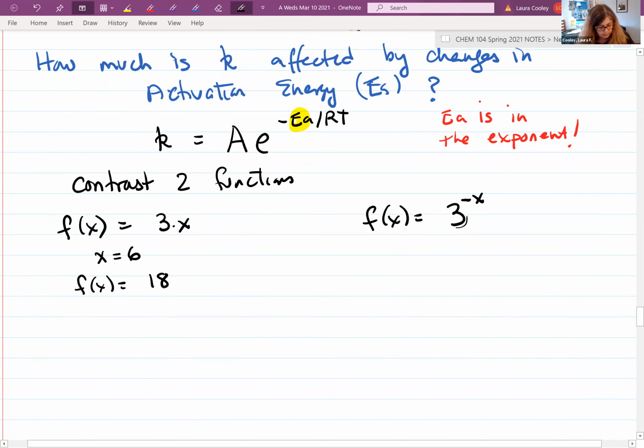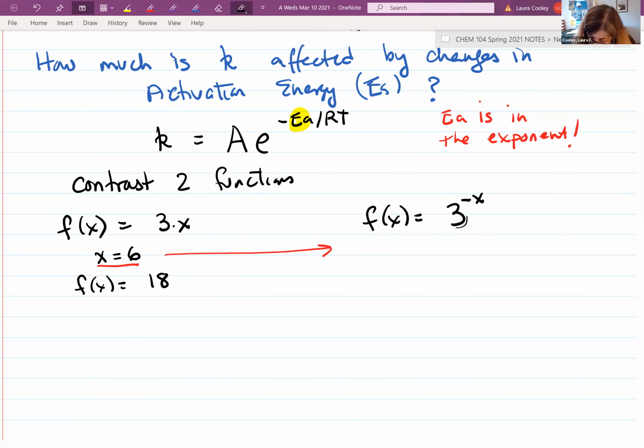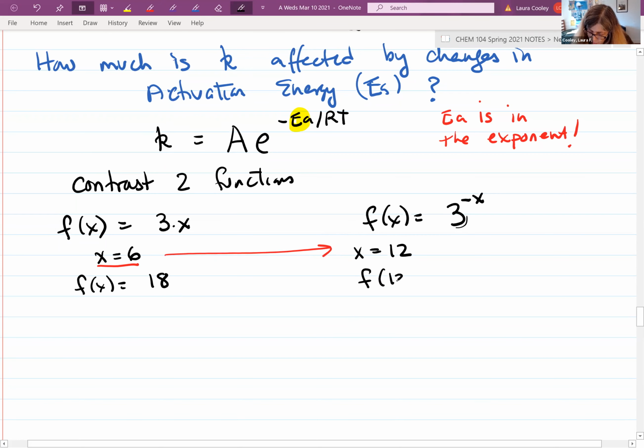All right. If we double x, so I'm going to change x, I'm going to double it. So now I'm going to go to x equals 12. So what is f of 12? Oh, gosh, I didn't mean to put this here. I wanted to put 3x on top. So still f of x is 3x. Sorry, I messed that up.